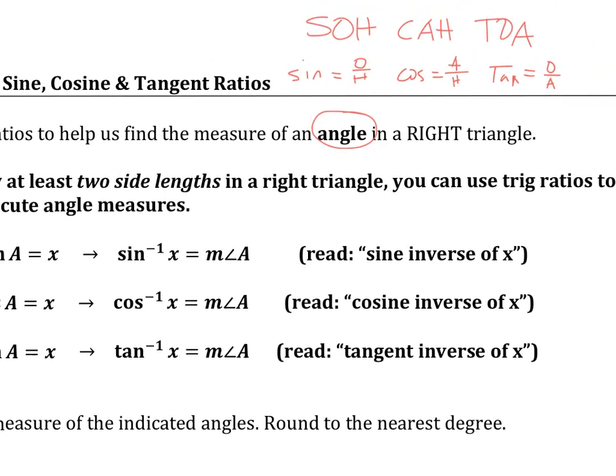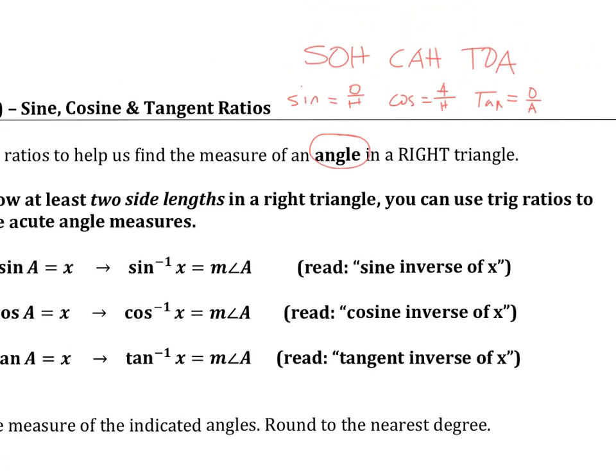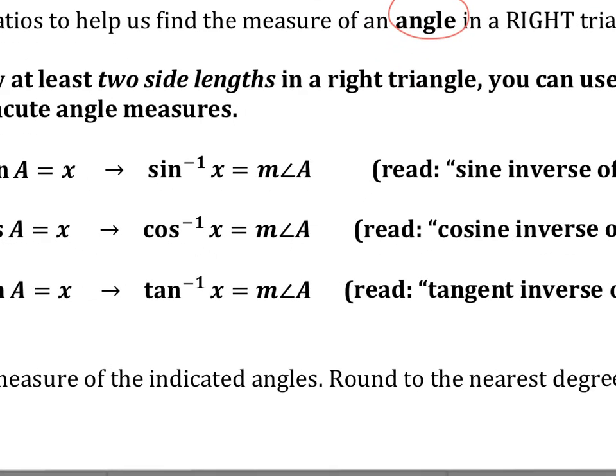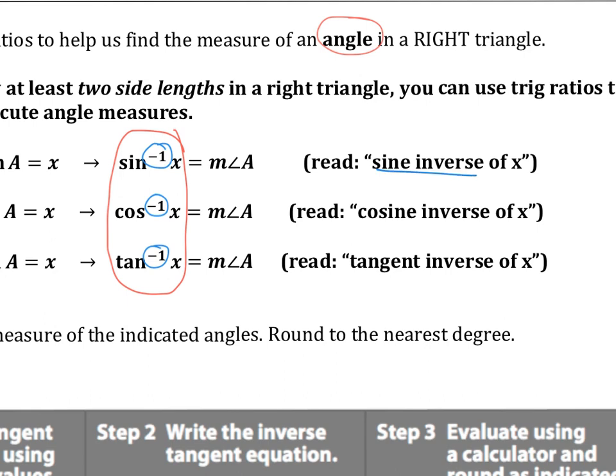Okay, so in the first section we were finding missing sides. Now we're going to find missing angles. And how we do that is we're going to do the inverse operation of these, and you'll see those right here. They have sine, cosine, and tangent, but they also have these little -1 signs right here. And so we read those as sine inverse, cosine inverse, and tangent inverse.